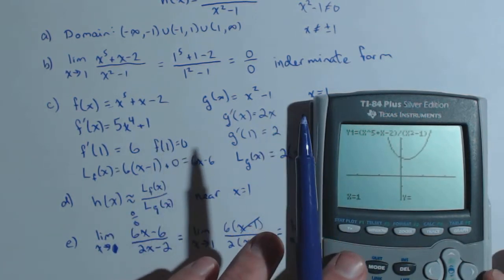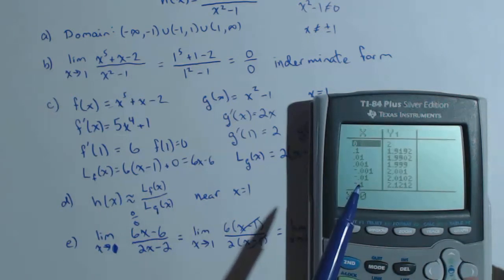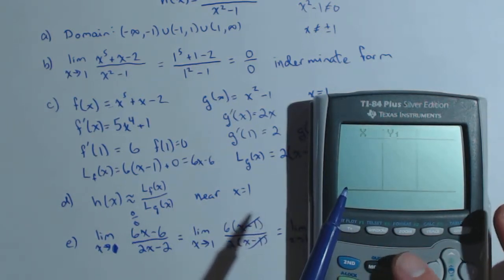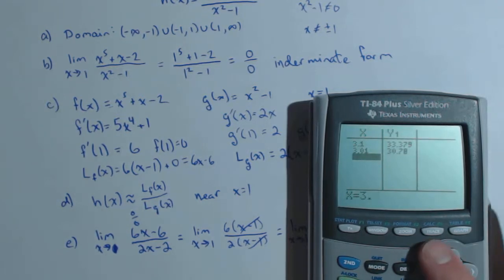If we wanted to verify this numerically, we can go to our table, and we want to get closer and closer to 1: 1.1, 1.01, 1.0001.